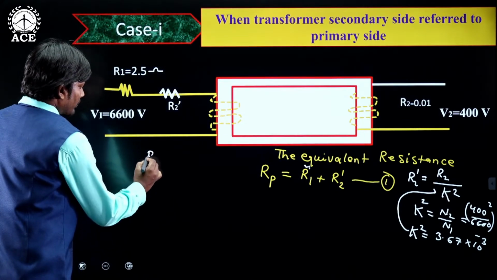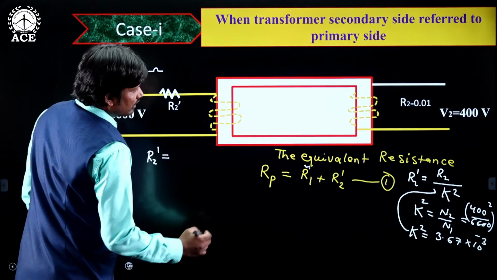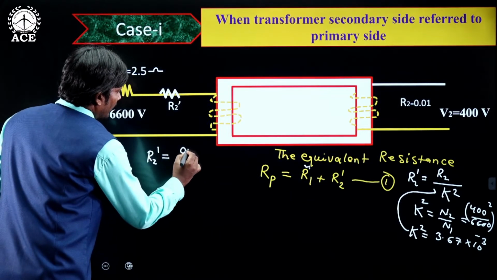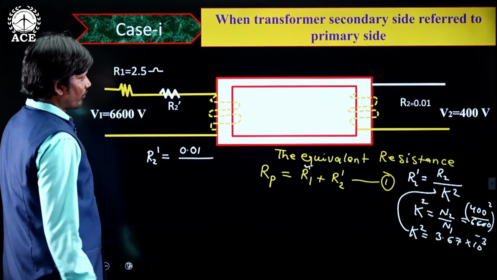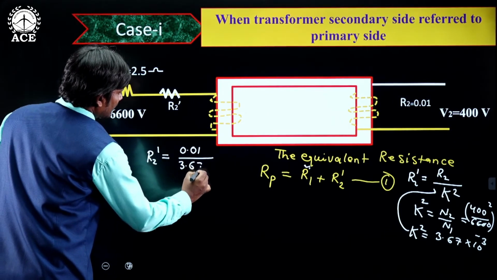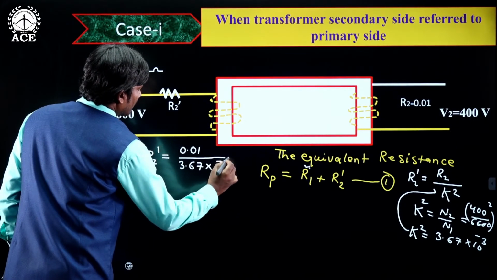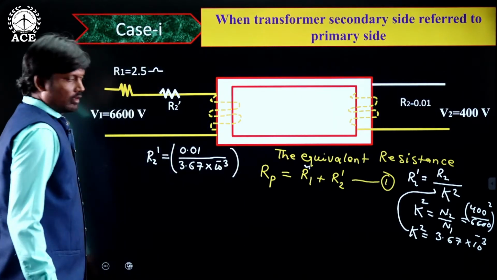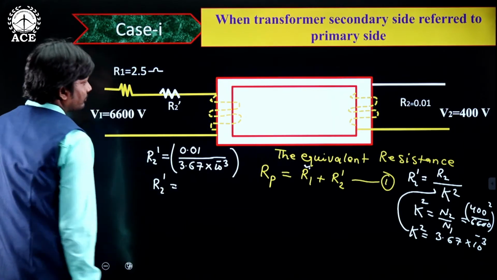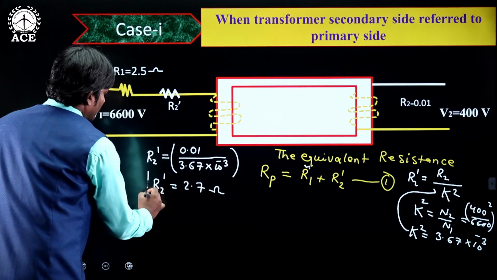R2 dash is equal to R2, which is given as 0.01, by K square, which is 3.67 into 10 to the power minus 3. Then R2 dash will come around 2.7 ohms.